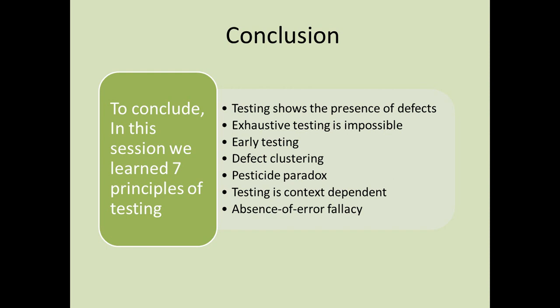Even if it has no defects and it does not fail, if it is not user friendly and if it is not what an end user wants, then it makes no sense to deliver that software. So the software should be easy to use, defect free, and should do what an end user wants to do. So these are all the 7 principles of testing.